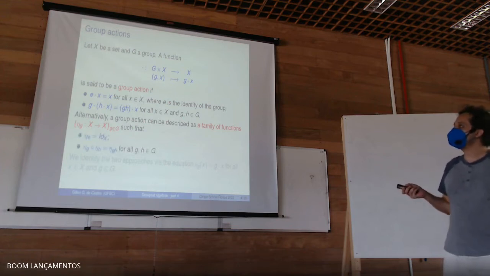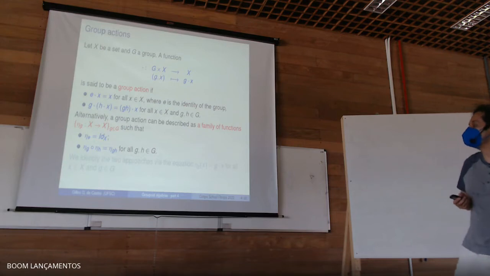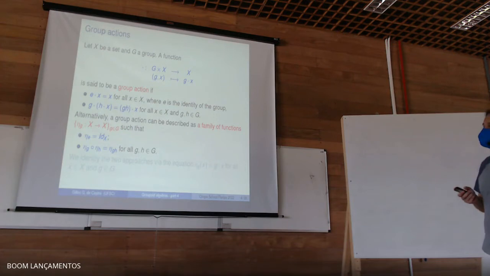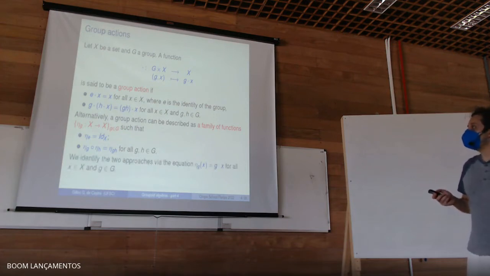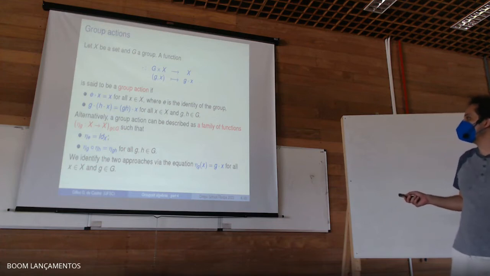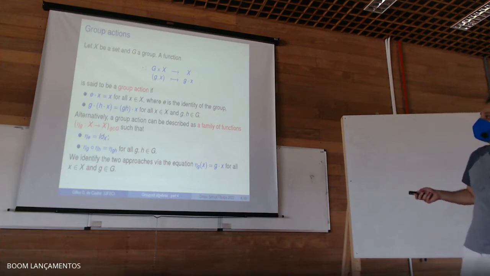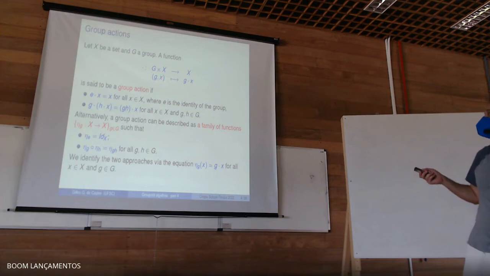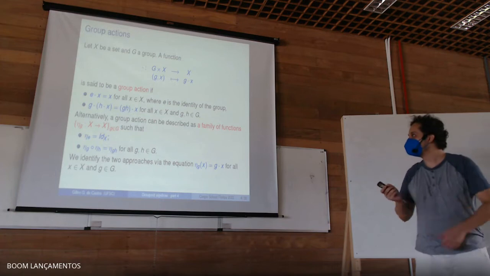And these two axioms are just saying that at the identity of the group, this α_e is going to be the identity map of X, and we have this law of composition that mimics the first one, the second one there. And then we identify these two approaches just by saying that this function α_g, when applied to x, is just the product g times x. And I think the usual definition when we start learning group actions is like the first one, but for partial actions it's useful to see it as this.